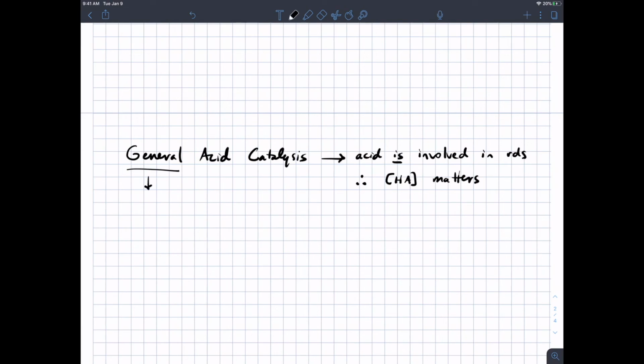Because acids other than the specific acid, which is hydronium, acids other than the specific acid matter. So the hallmark of general acid catalysis is that the concentration of the acid that you add matters.